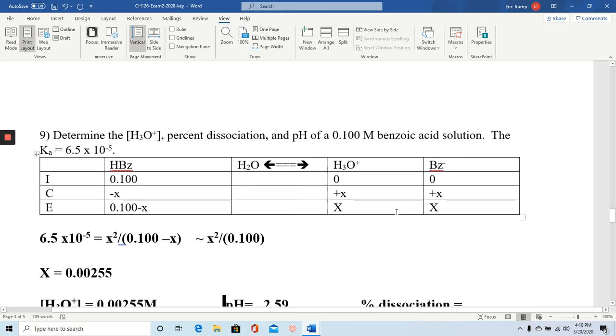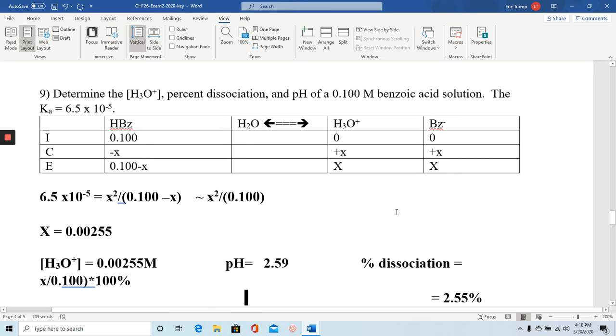Okay, number 9, determine the hydronium percent dissociation and pH of a 0.1 molar benzoic acid solution. Okay, the Ka, the acid equilibrium constant, is given. Okay, so we set up our ice chart. Benzoic acid starts out at 0.1 molar.